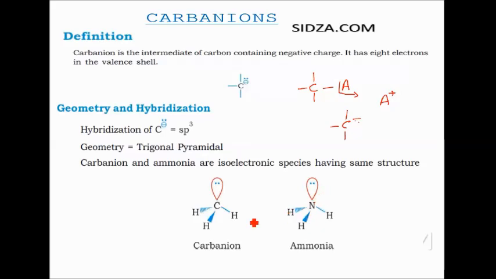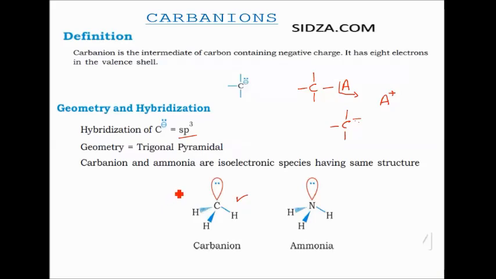So 1 lone pair, 3 bond pairs. The same situation is here with the carbanion, 3 bond pairs and a lone pair. That means it resembles ammonia. And we know ammonia has a pyramidal shape, correct? So it has a pyramidal shape. Carbanion also has a pyramidal shape, and the hybridization is sp3.